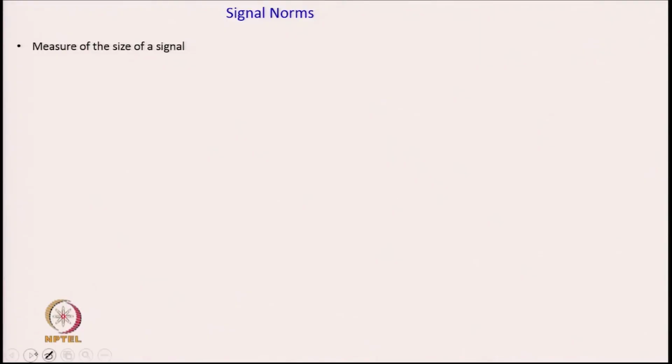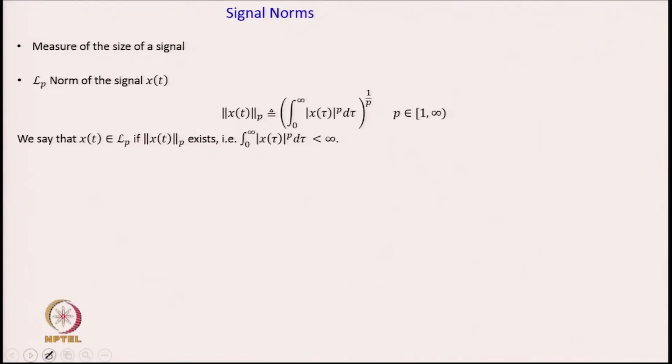Let us talk about the LP norm of the signal x of t, which is piecewise continuous. The LP norm is defined like this. Here p is any number from 1 to infinity, where infinity is not included.